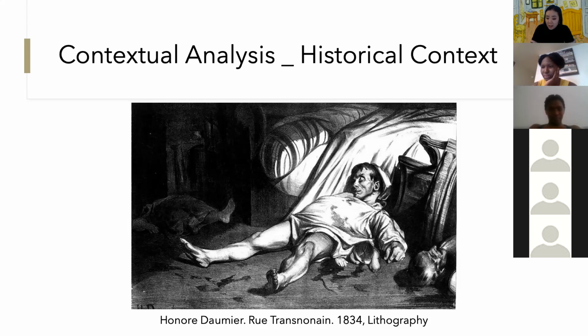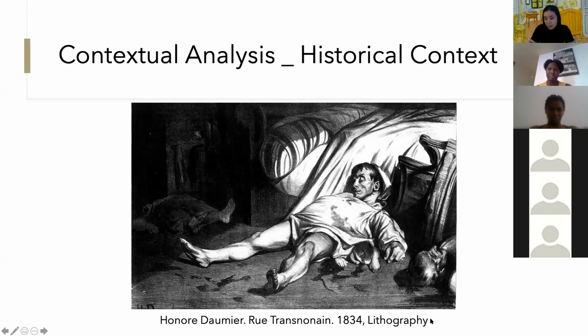So all residents of the building, including old men, women, and children, were massacred. A bloody event that will remain in history as the massacre of Transnonain Street, and it is imagined by the painter and caricaturist Honoré Daumier. So this is the background story about this work of art.